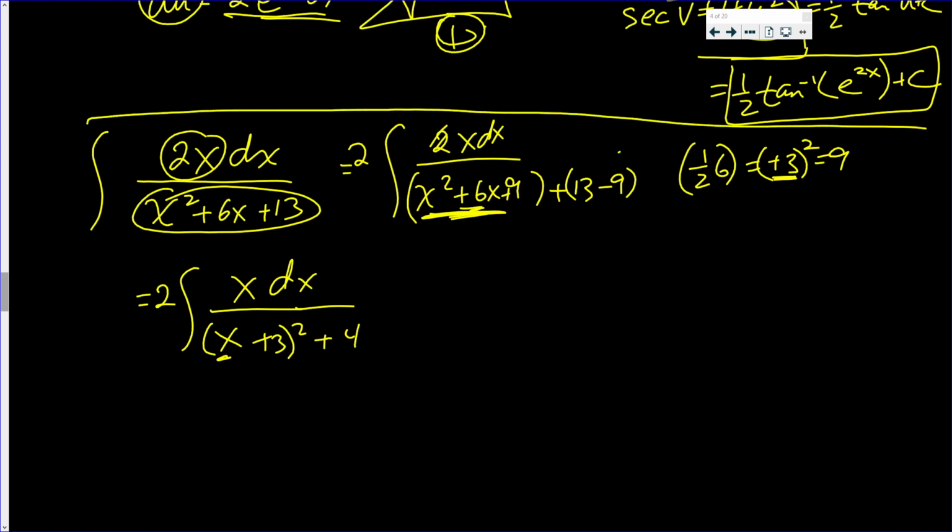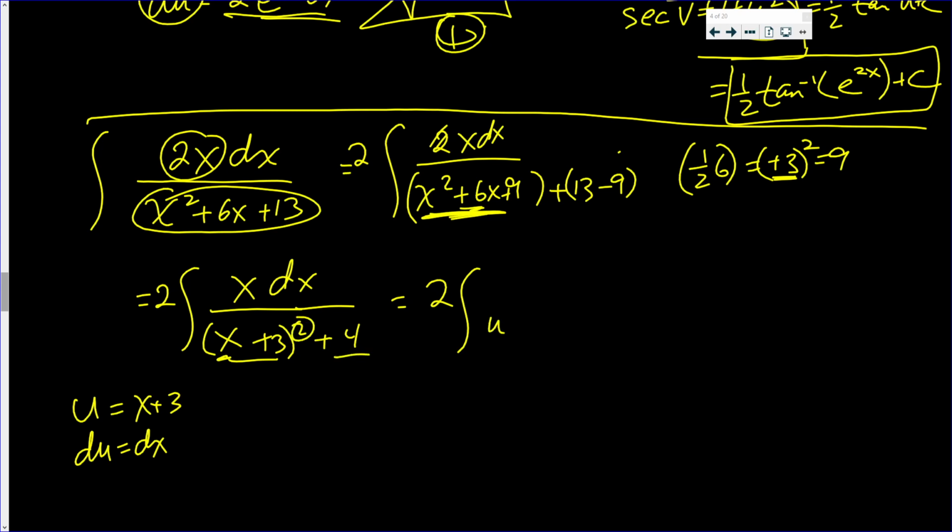Okay. Maybe we let u equal x plus 3, so du equals dx. So you have 2 times, well, the problem with that, and it's not such a big problem, is that that's u squared plus 4.